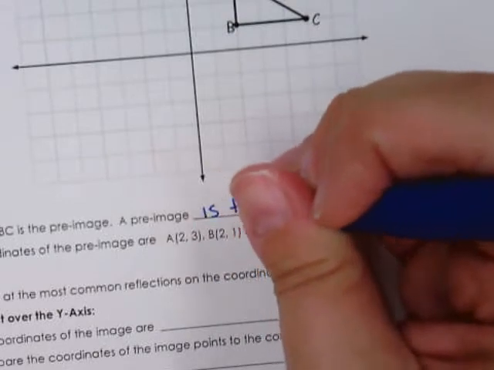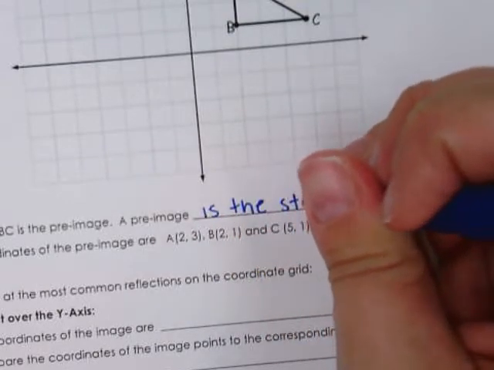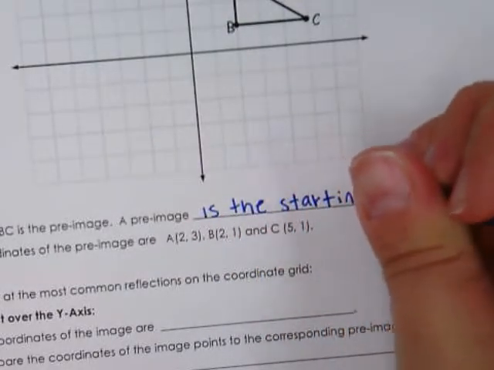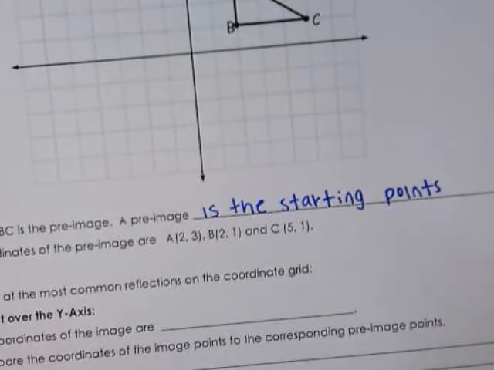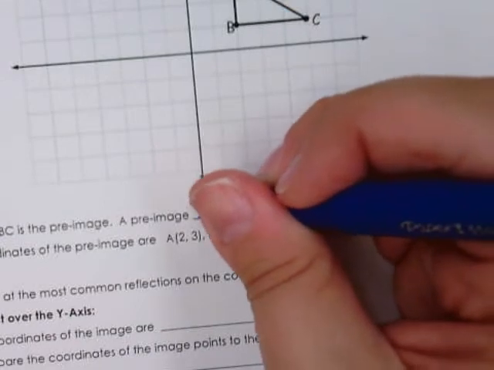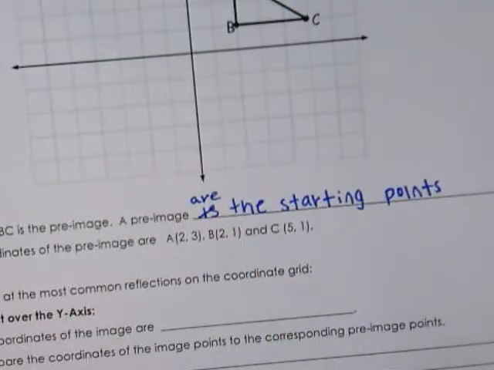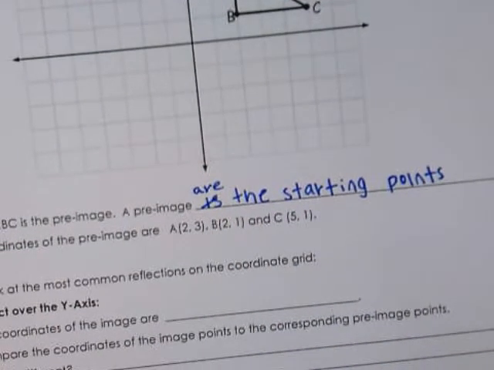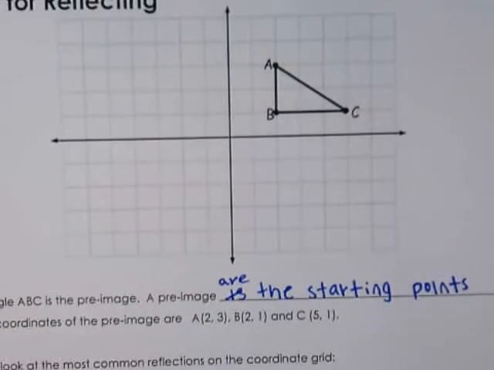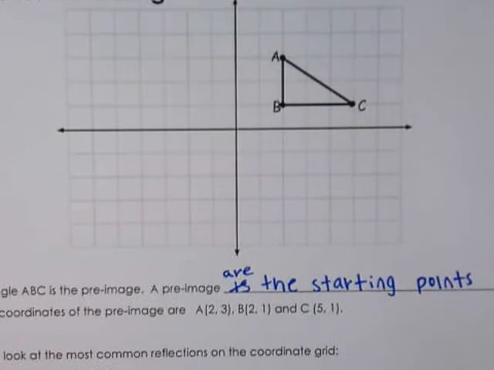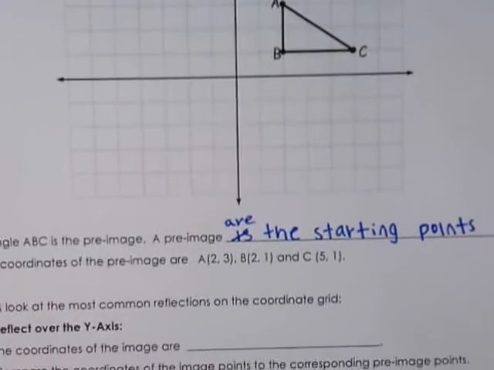So the pre-image points are the starting points. The coordinates of the pre-image for this specific example are A at 2, 3, B at 2, 1, and C at 5, 1.